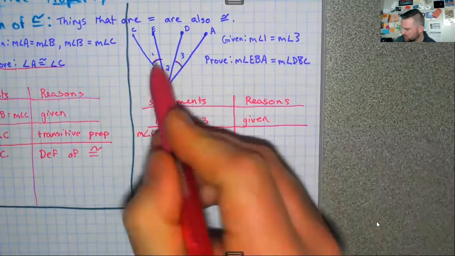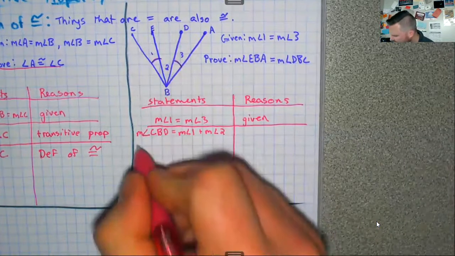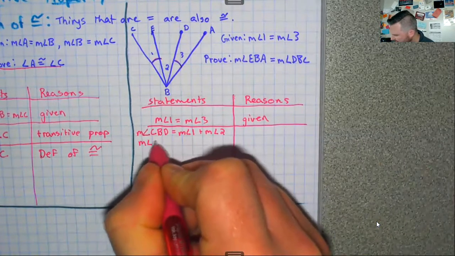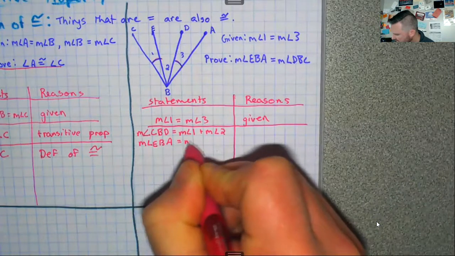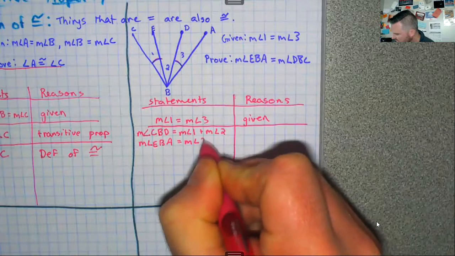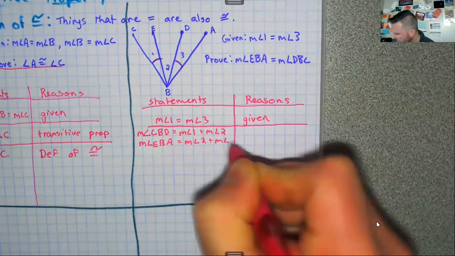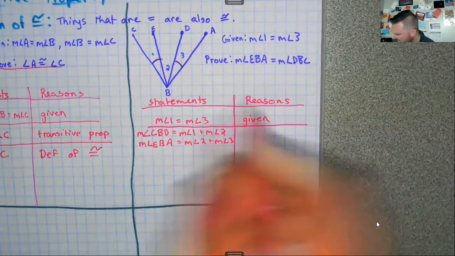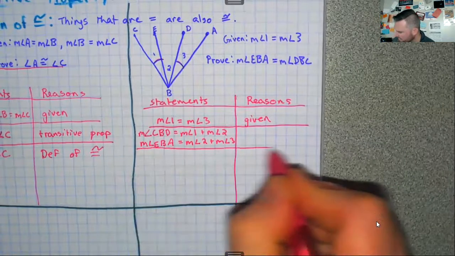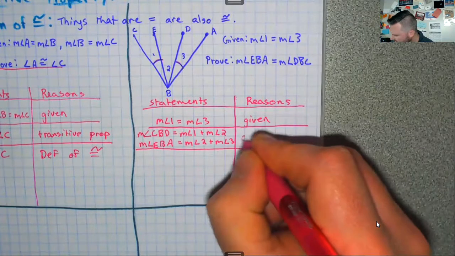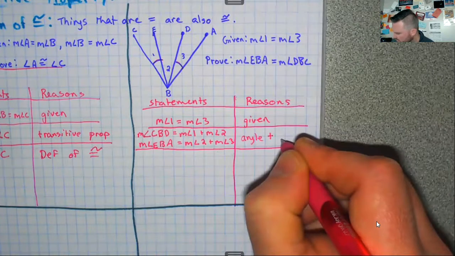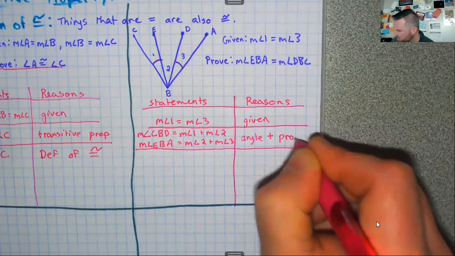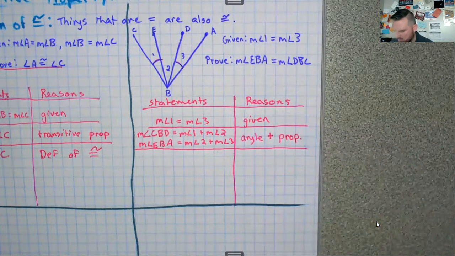If I add those two together, I get the bigger one. And the measure of angle EBA equals the measure of angle 2 plus the measure of angle 3. And I can make those statements because of the angle addition postulate or property. Okay, the angle addition property.